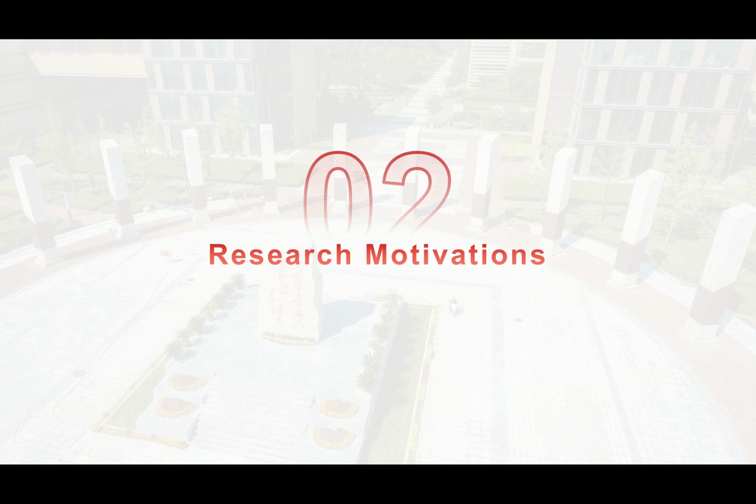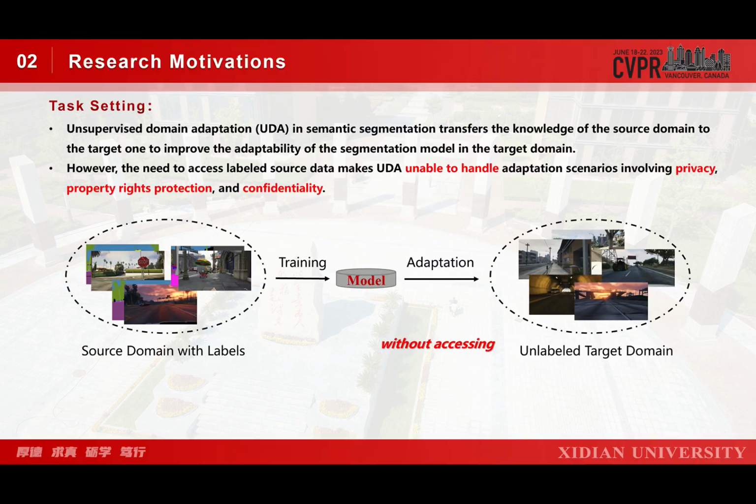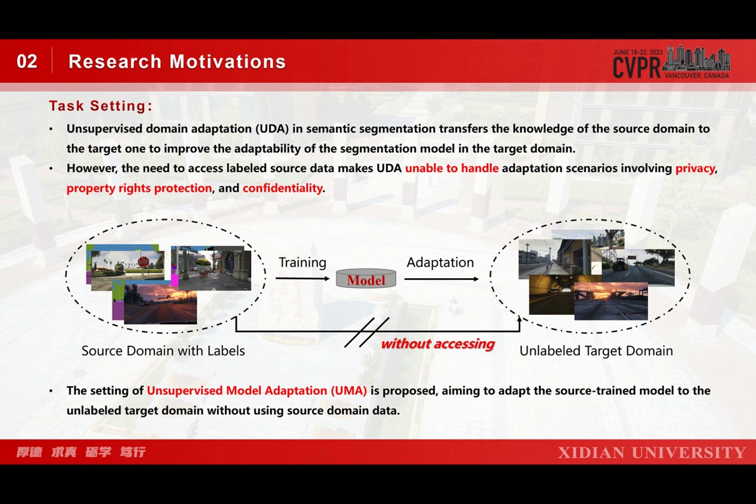Next, I will go into details of the paper, starting with the motivation for the research. UDA in semantic segmentation transfers knowledge of the source domain to the target one to improve the adaptability and the model in the target domain. However, in some cases, source domain data is often unavailable, which presents new challenges for UDA.